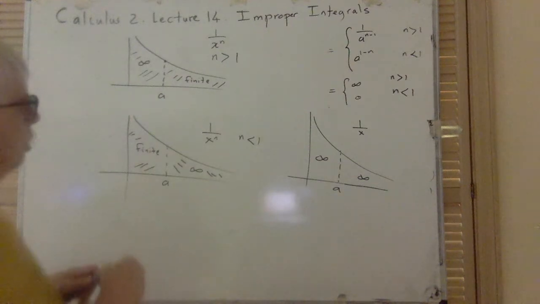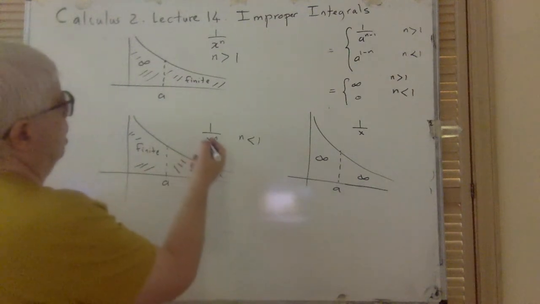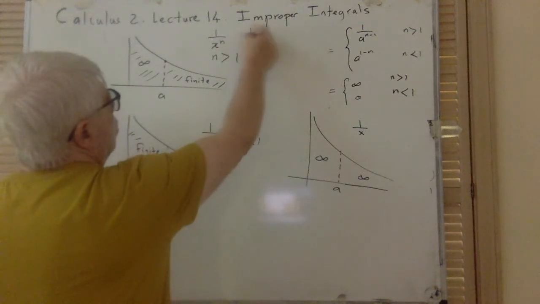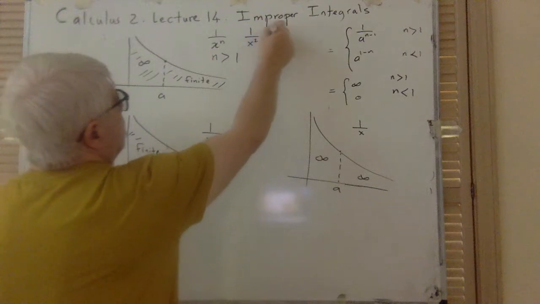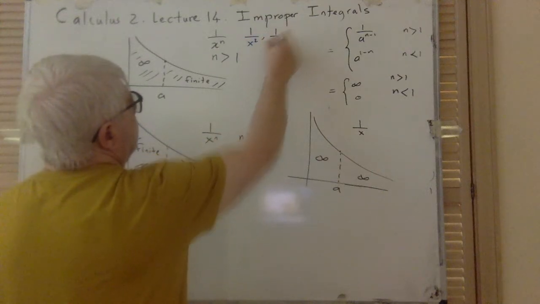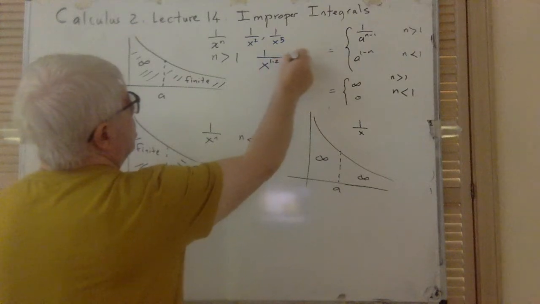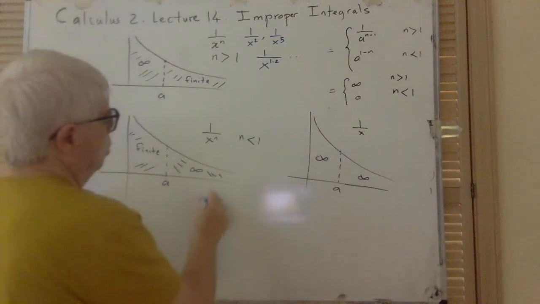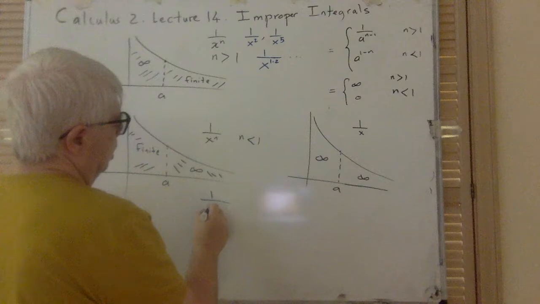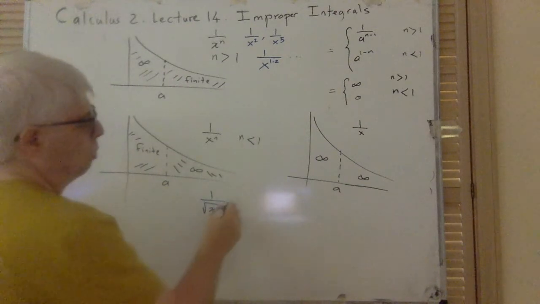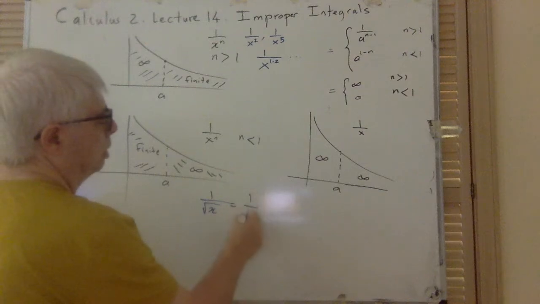Okay, now, you might say, what are examples of this? Examples make more sense. So this one is something like 1 over x squared. It can be 1 over x to the power 5. It can be 1 over x to power 1.2, etc. This one can be 1 over the square root of x, that is x to power 1/2, right?